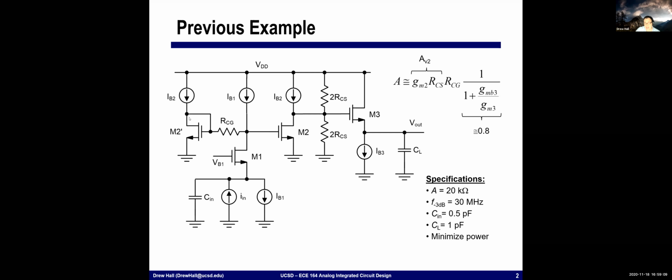Now, that's not to say that you shouldn't include transistors to do the biasing. So you'll notice here, in order to bias M2, I'm using what's called a replica bias, as you've probably seen 5 times on homework 5 already and are tired of hearing that phrase. The idea is that I'm using this transistor with a current source in order to generate the right bias voltage at this node.